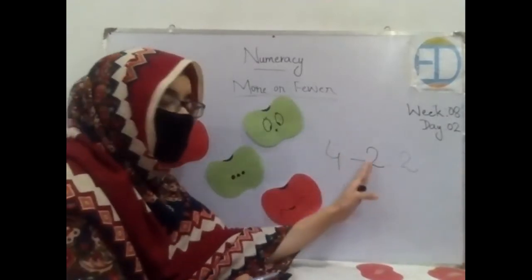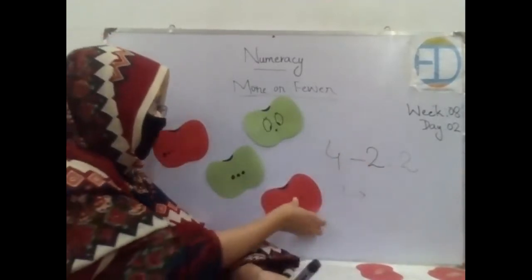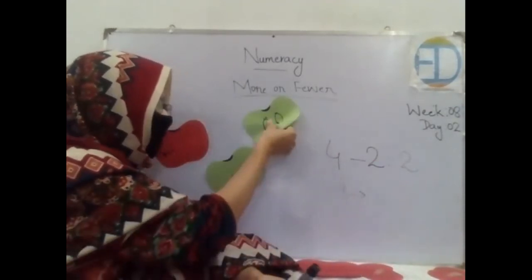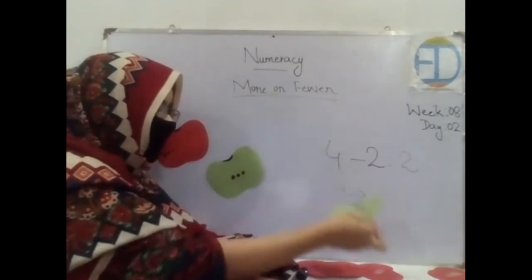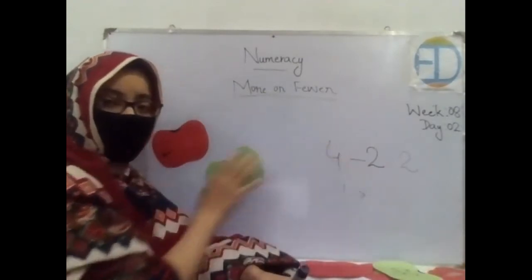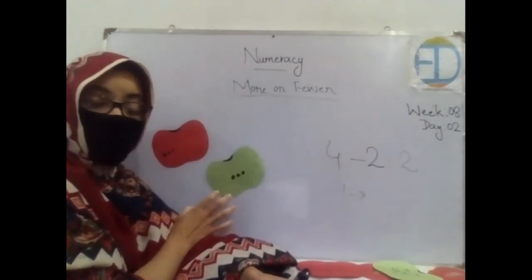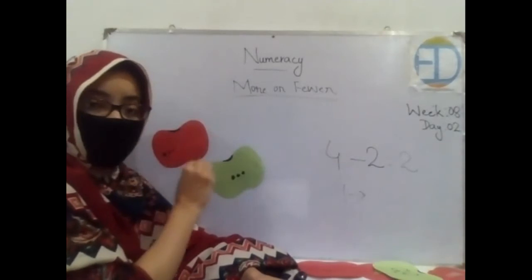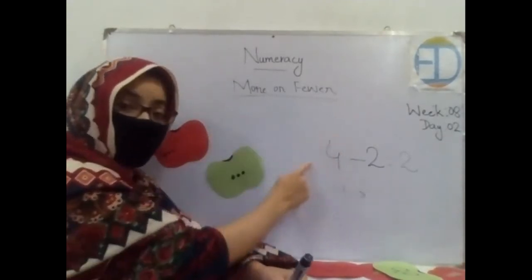Now because you have removed 2 out of them, that is subtracting. Subtracting means, let's say, removing these 2 apples from there. So previously you had 4 objects. Now when we have subtracted 2 out of them, we are left with only 2 objects, right? And this value or this number is smaller than the previous number.